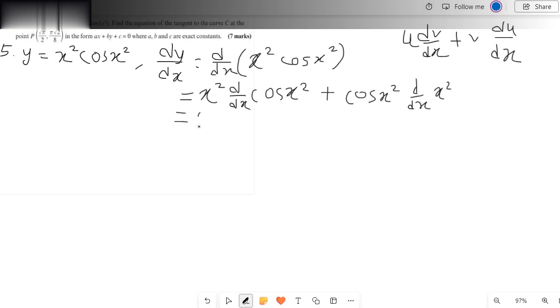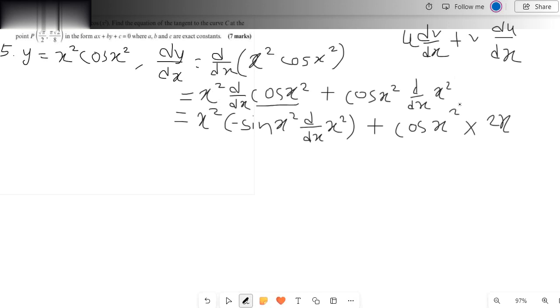So we have x squared multiplied with the derivative of cos x squared, which will be minus sine x squared, because we assume that this was a single function, and the derivative of cos x is minus sine x, and then using the chain rule, we have to multiply it with the derivative of the inner function, which is d/dx of x squared, and then plus, here we have cos x squared multiplied with 2x, as the derivative of x squared is 2x.